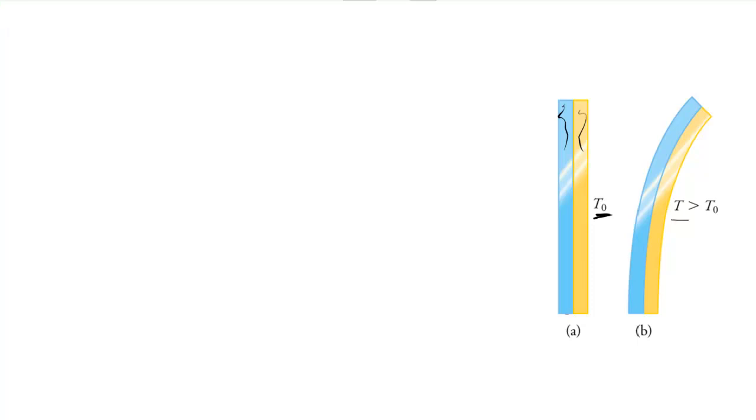But as we increase the temperature above this reference temperature, we see that the properties of the blue metal are such that it expands at a faster rate than this golden colored metal. So since it's expanding at a faster rate, the blue metal must then be longer than this golden metal. And so it must bend.